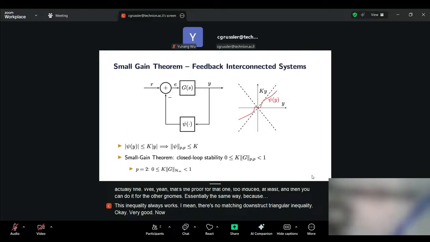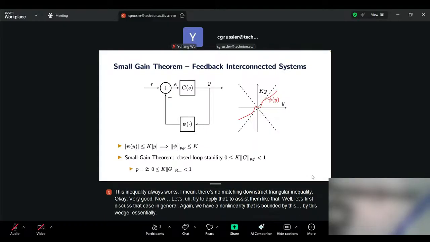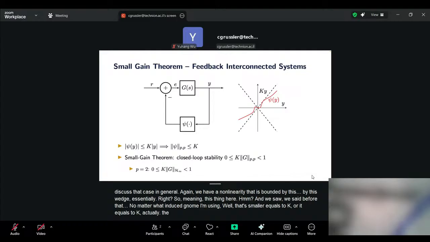Now, let's try to apply that to a system like that. Well, let's just discuss the case in general. Again, we have a nonlinearity that is bounded by this wedge, essentially, meaning this thing here. And we said before that no matter what induced norm I'm using, the gain is smaller or equal to k, or actually equal to k, but it depends on if we have a point where we reach the k or not.